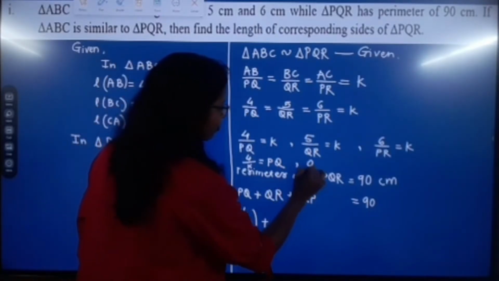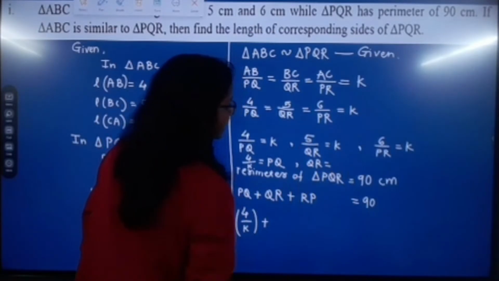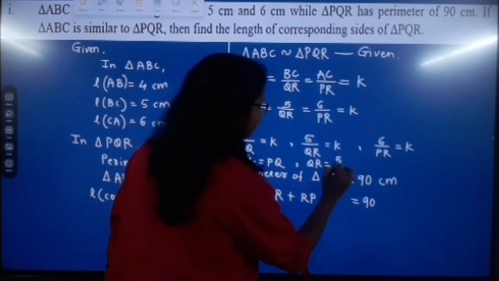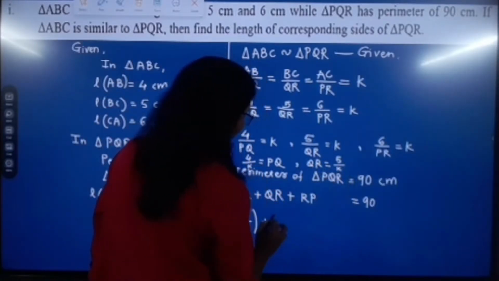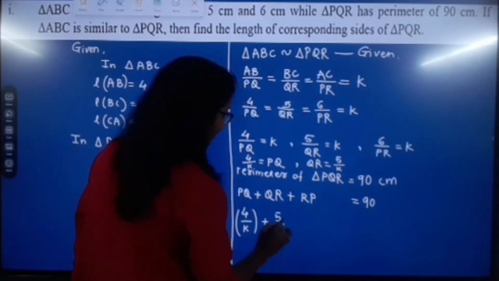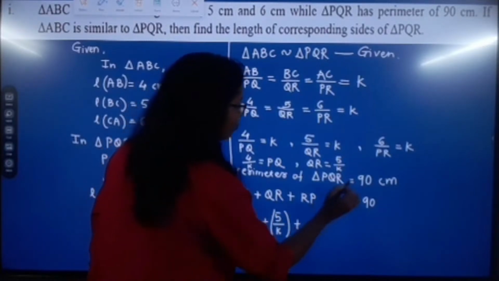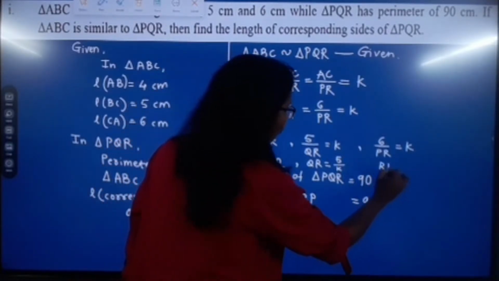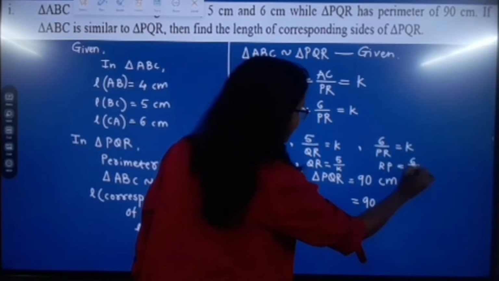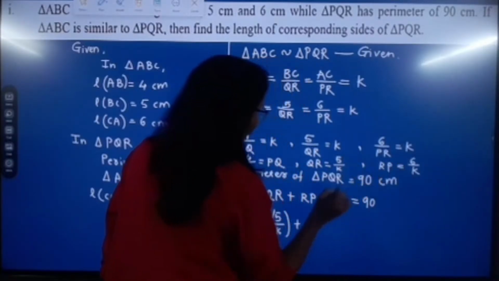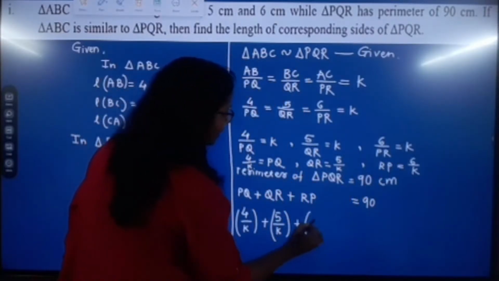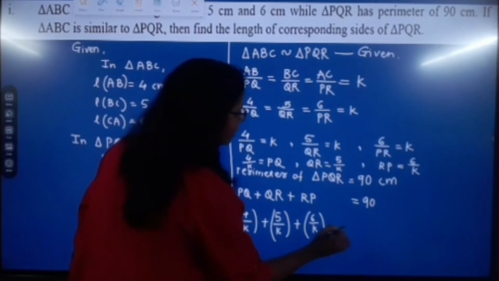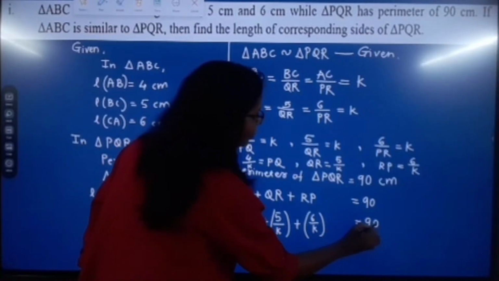QR will be, students, 5 upon K. So here I write down 5 upon K. And then next one, students, is RP. So RP is equal to 6 upon K. So I write down here 6 upon K, and that is equal to, students, 90.